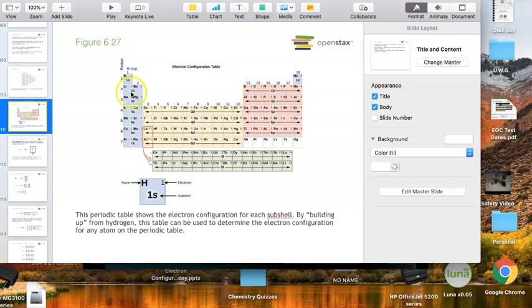Now we said s and then we said p. An L value of 0 is an s subshell, or s orbital. An L equal to 1 is a p subshell. You can see the p subshells are color-coded here, and there are 6 elements. When we talk about electrons, I want you to think of each element as an electron.